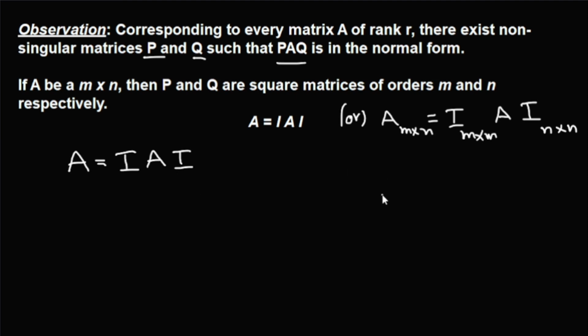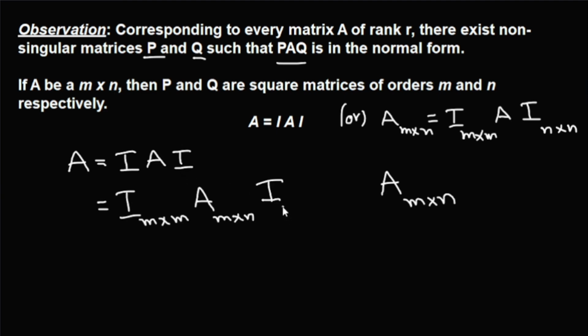And if the order of the matrix A is M by N, then this prefix I must be an M by M identity matrix. A is an M by N matrix and the right or postfix identity matrix must be of nth order, N by N identity matrix. Whatever row operations we perform on A, you perform the same row operation on the prefix identity matrix.